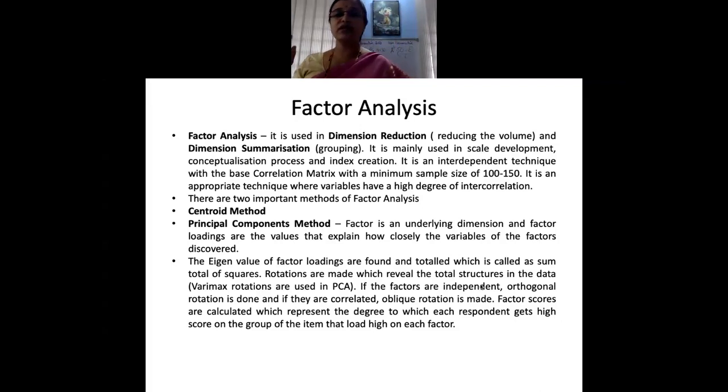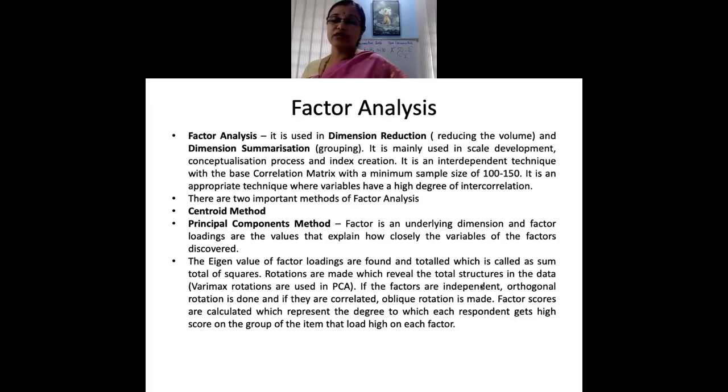So mainly factor analysis is used for scale development. It is used for the conceptualization of ideas, then your index creation. For all these purposes, factor analysis is used.